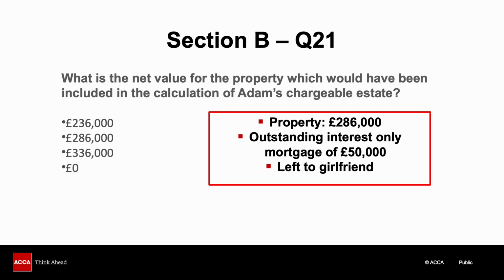Because that mortgage is going to have to be paid off by somebody once the estate is being settled up. And if you're thinking about, well, what about the residence nil rate band? Would that apply here? Well, no, it wouldn't, because he's not left the property to a descendant. He's left the property to his girlfriend, and therefore no residence nil rate band applicable there.